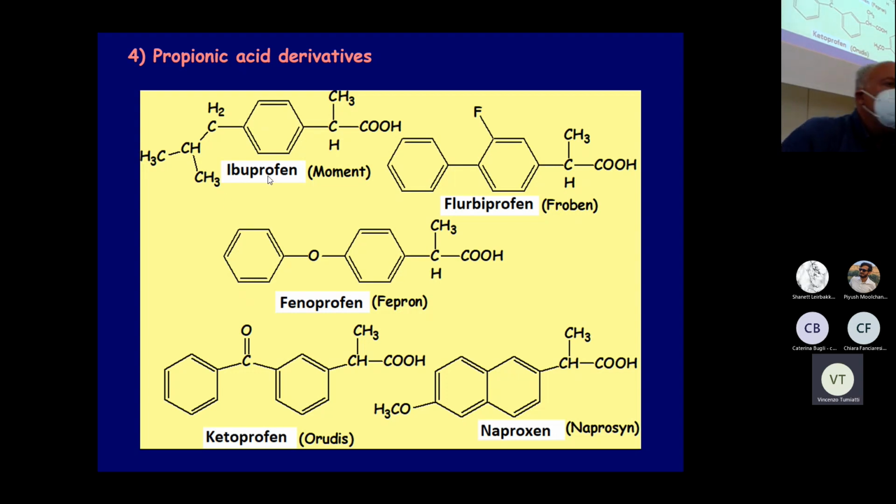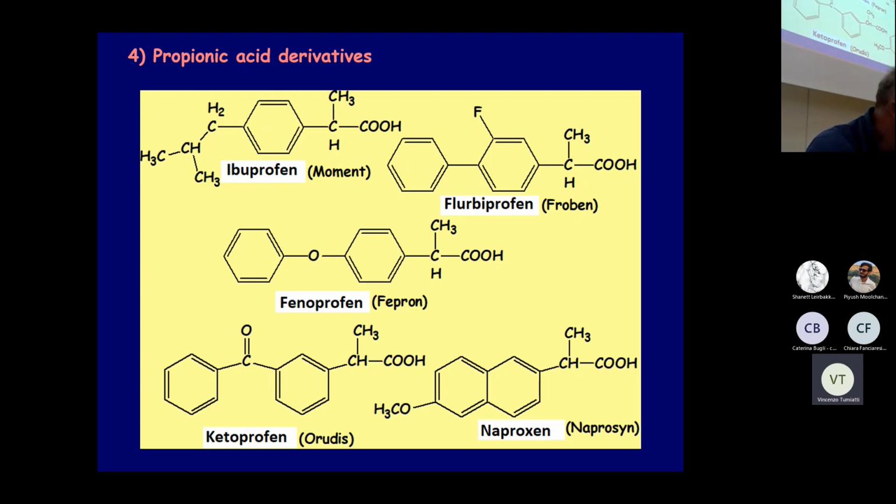What does ibuprofen mean? Ibu means isobutyl. You see here in para position, you see the residue of isobutyl, 4 carbon atoms.